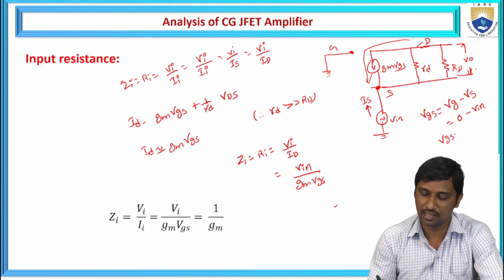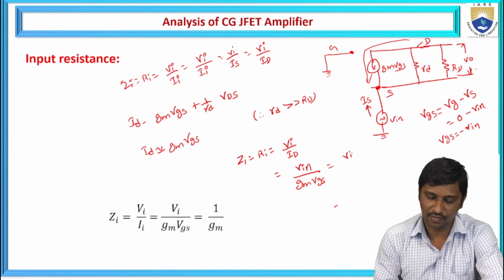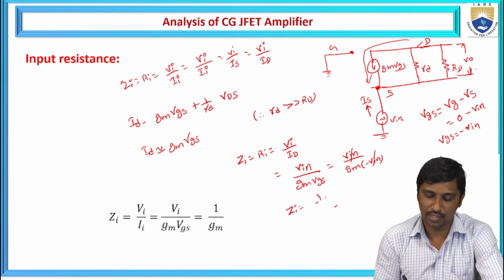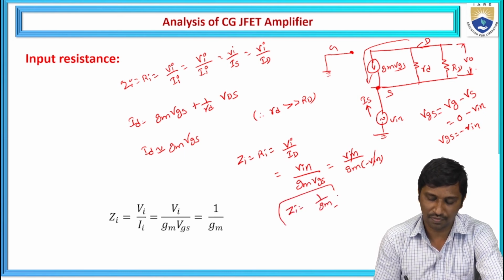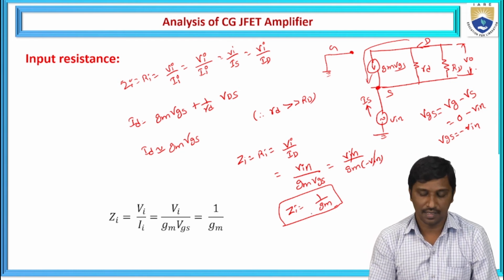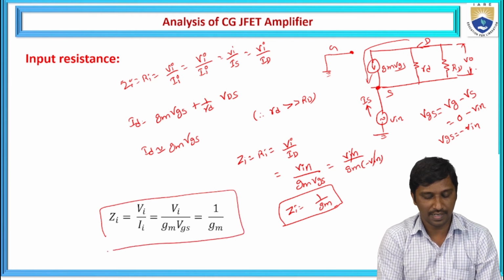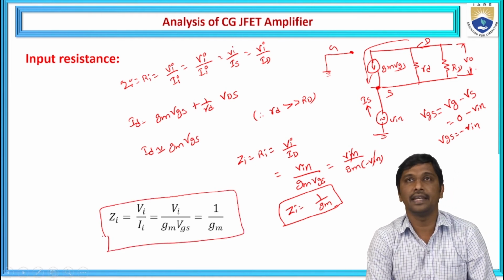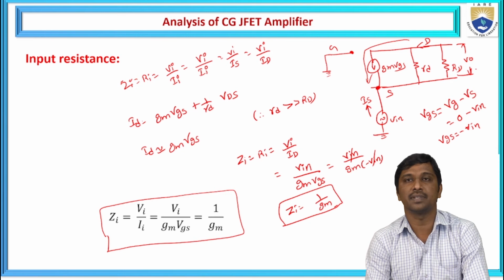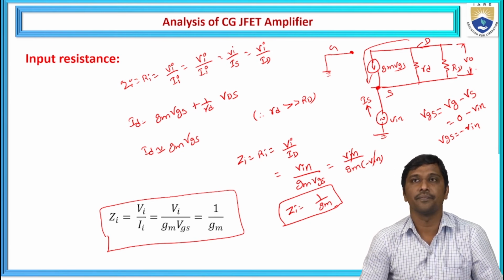Hence VGS is equal to minus Vin. So this is Vin by gm times minus Vin. This Vin gets cancelled, and Zi is equal to the reciprocal of the transconductance. Zi is represented as 1 by gm. Hence the input impedance of the common gate JFET amplifier is the reciprocal of the transconductance.